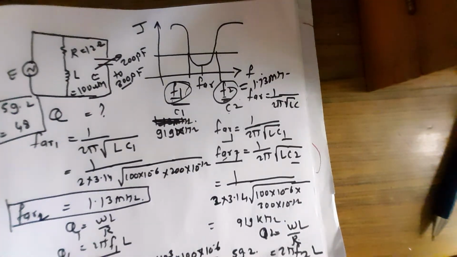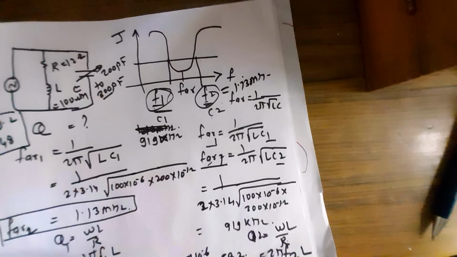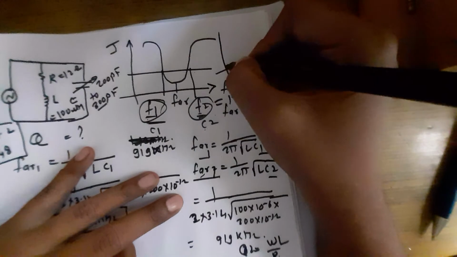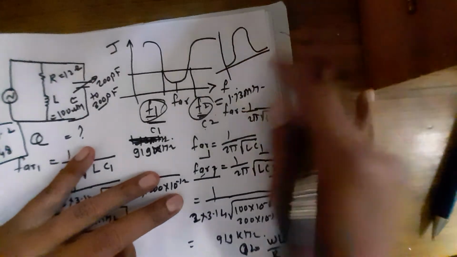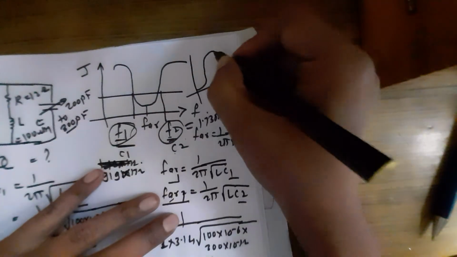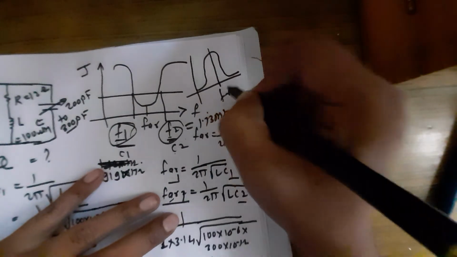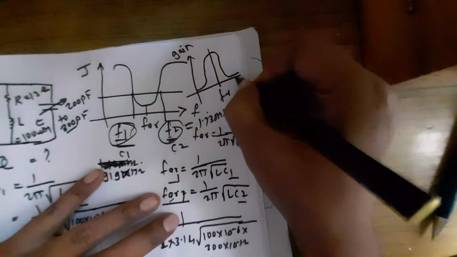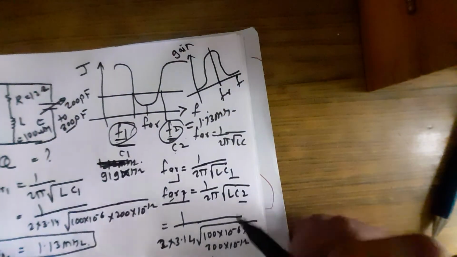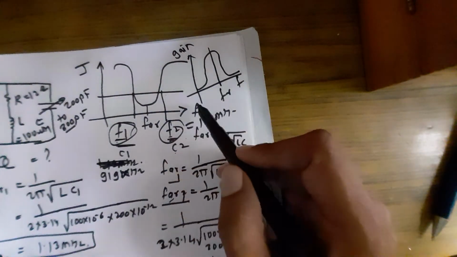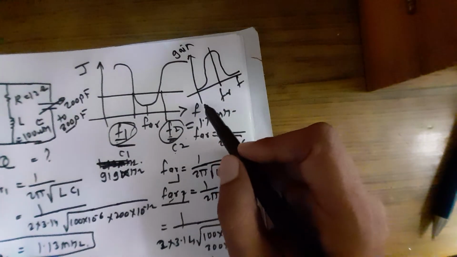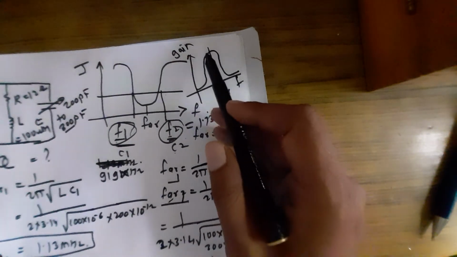Similarly, there is also a graph for the series resonance. In series resonance, this graph is inversely proportional to the parallel resonance. Here we will get FR, that is the resonant frequency. This is gain versus frequency. In these two graphs, you will observe that as the frequency increases, the gain also increases drastically.